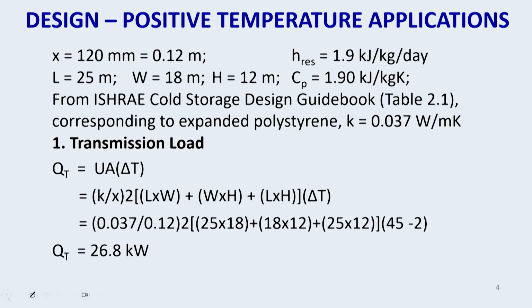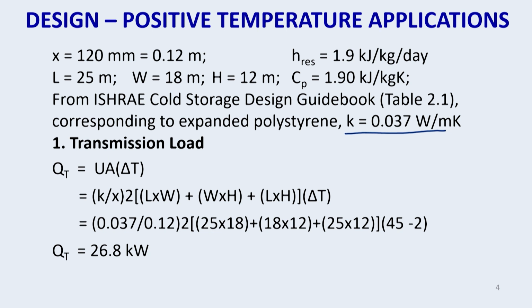When we calculate, the transmission load comes to 26.8 kilowatt. For all the numerical questions or design problems, I have given the solution in the PPT also. In case the learners want to refer to the PPT, you can stop at that particular slide and refer to the detailed solution.